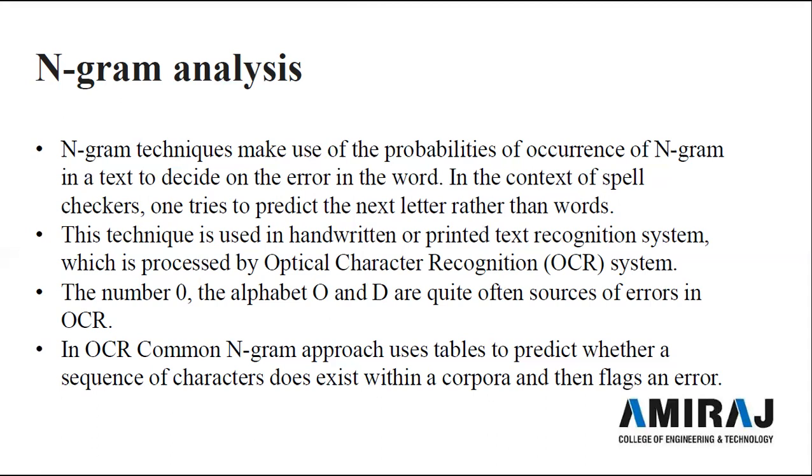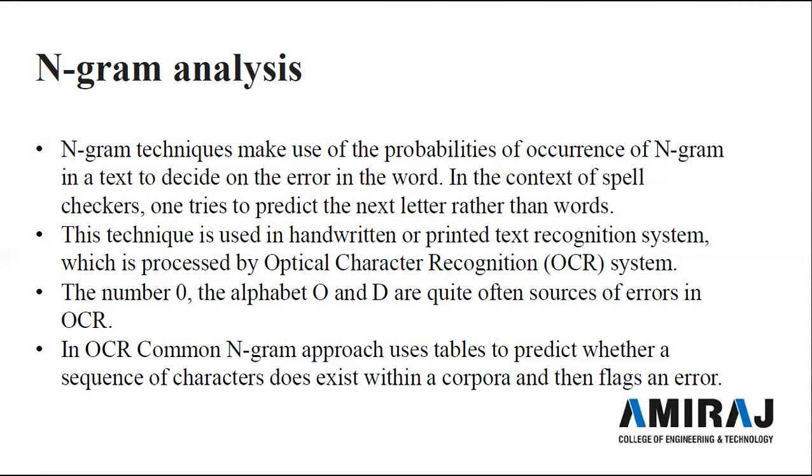In OCR, the common n-gram approach uses a table to predict whether a sequence of characters exists within a corpora and then flags an error, right? So in this technique, OCR uses the n-gram approach and tries to predict the sequence of characters that should be there.